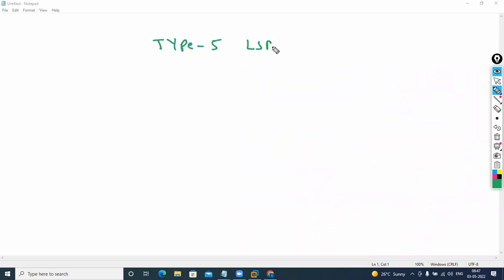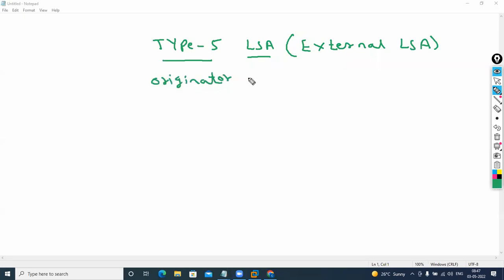Type 5 LSA. You call it the external LSA. Who is the originator? ASBR.